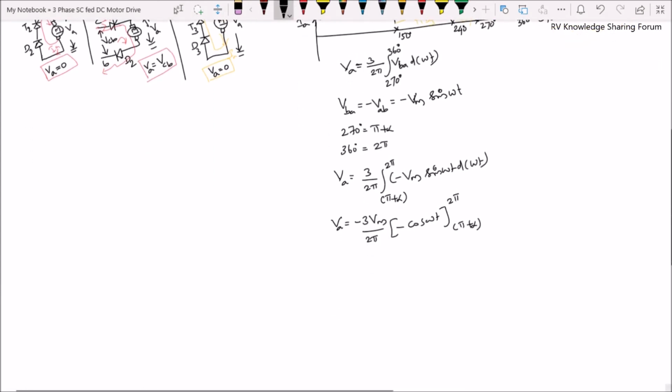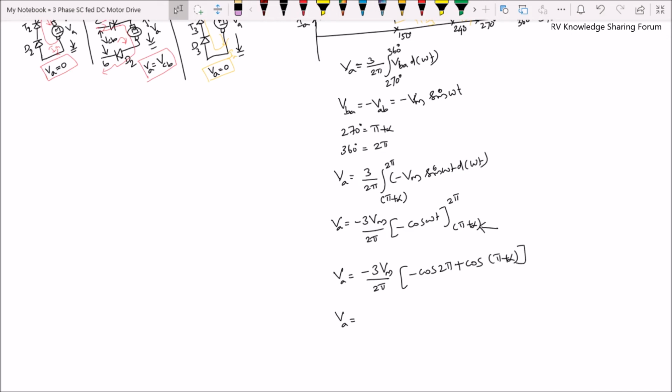So here VA is equal to minus 3 Vm by 2 pi, minus cos, apply the upper limit 2 pi, and while applying the lower limit we have to add minus, and already there is one minus here, so minus to minus becomes plus cos omega t. Instead of omega t you have to apply the lower limit, which is pi plus alpha.